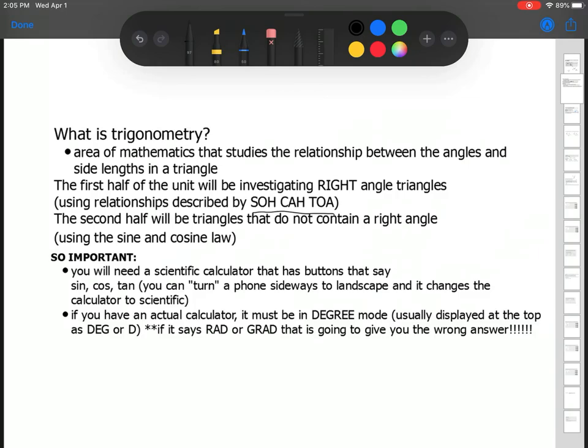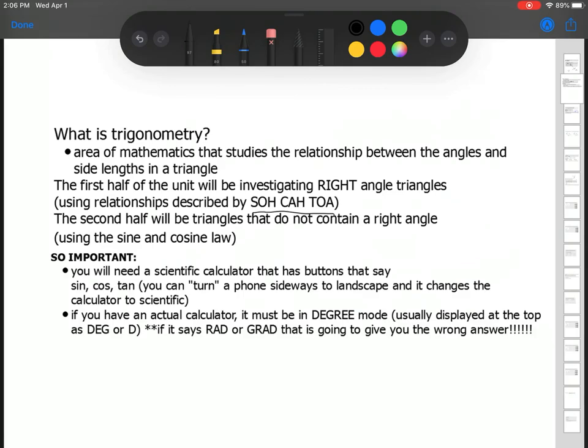Okay, so if you have an actual calculator, it has to be in degree mode. Radians or rad or grad will give you the wrong answer. Those are different kinds of units to express these relationships that eventually you'll use when you move on, not in grade 10, we're just going to scratch the surface, but if you move on to the upper years, with looking at the graphs produced by sine and cosine functions, but that's not what we're going to do here.